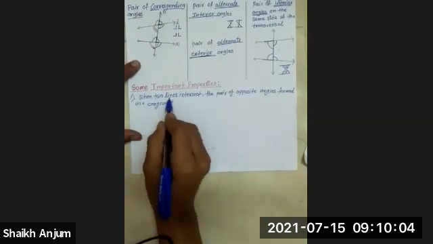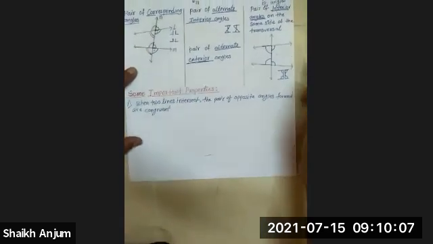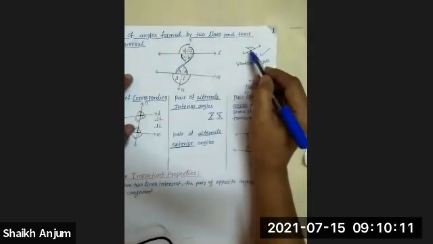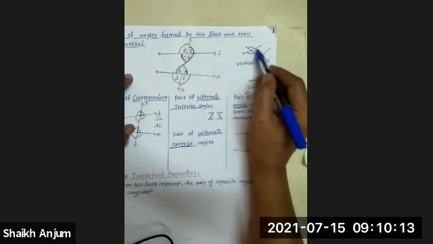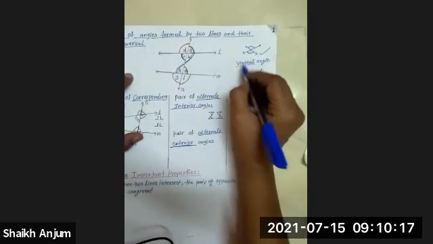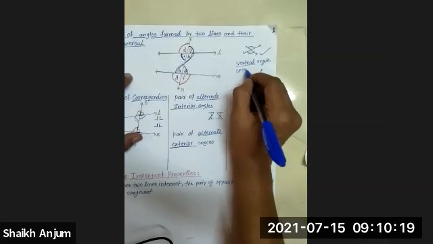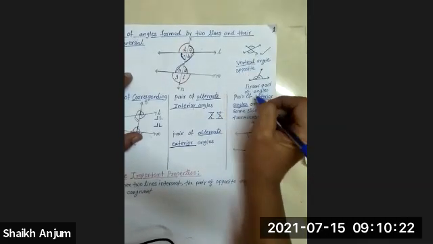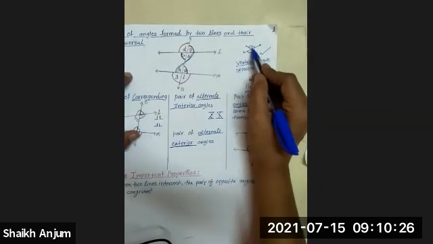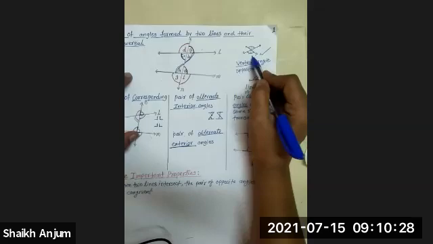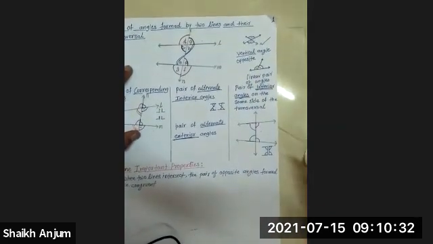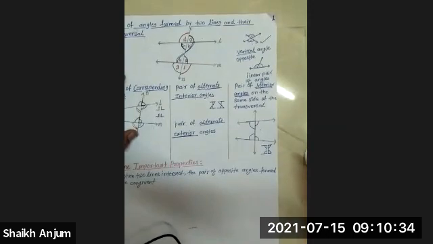Now, I already explained: when two lines intersect each other, the pair of opposite angles, also called vertical angles. So this one is the pair, and these two angles are always congruent. So vertically opposite angles are congruent to each other.